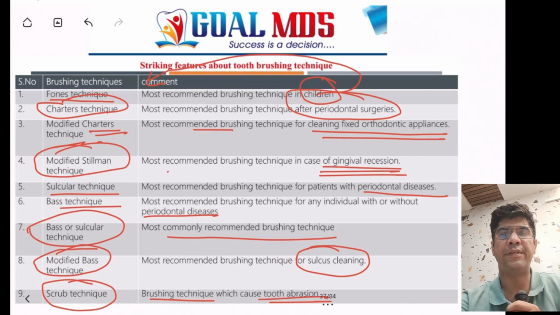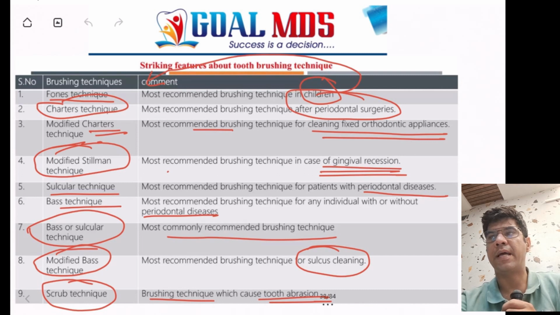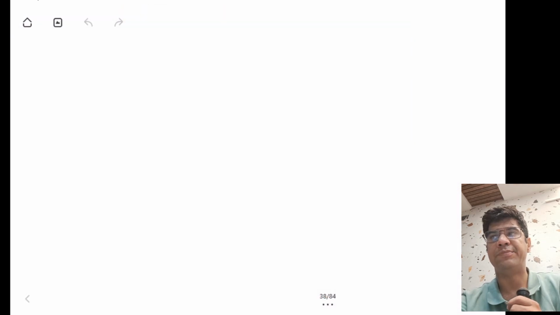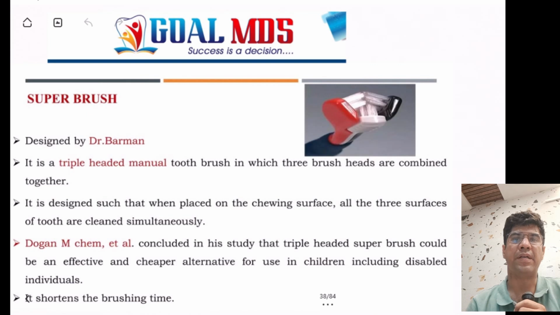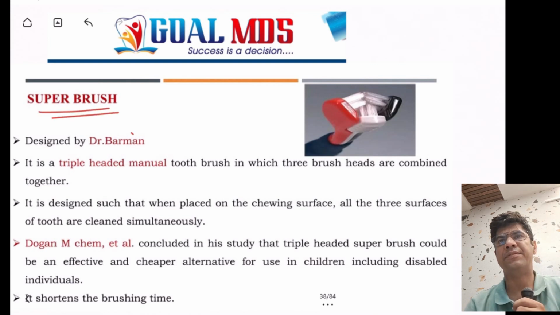So remember all these from your entrance point of view. Many times, many questions have been asked in entrance exams related to this. So that is very important from your examination point of view.